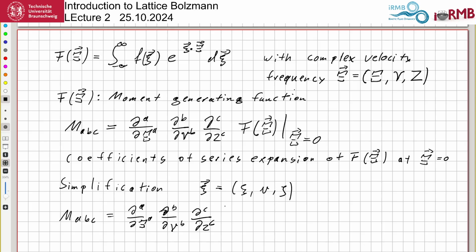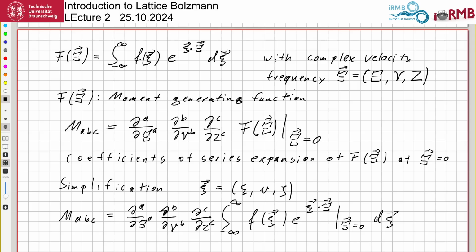So now, what is f? F is the integral over f of xi, e to the power of xi times the capital Xi, all of this at Xi equal to 0, and this integrated over xi.